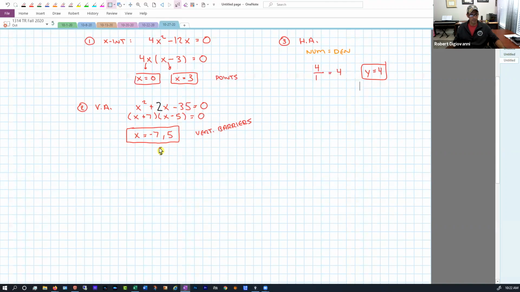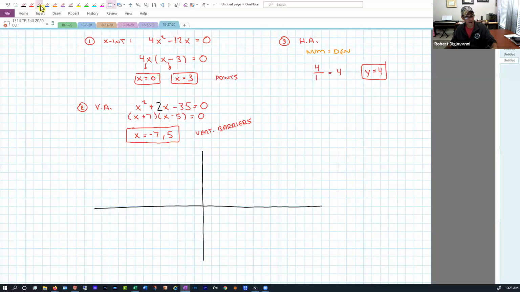Time to draw it. I will start with my x-intercepts. I have one at 0. 1, 2, 3. I have one at 3.